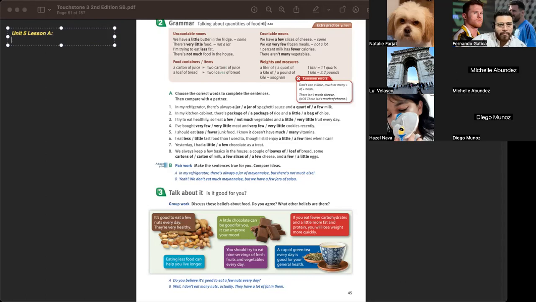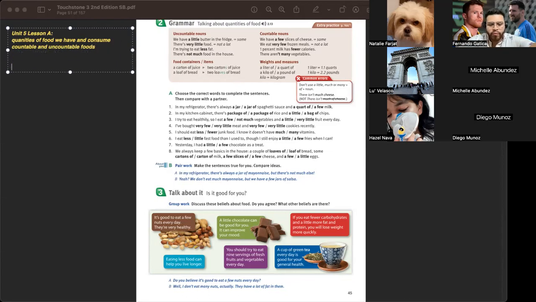Okay. In unit 5, we were talking about the quantities of food we have and consume, and countable and uncountable foods.